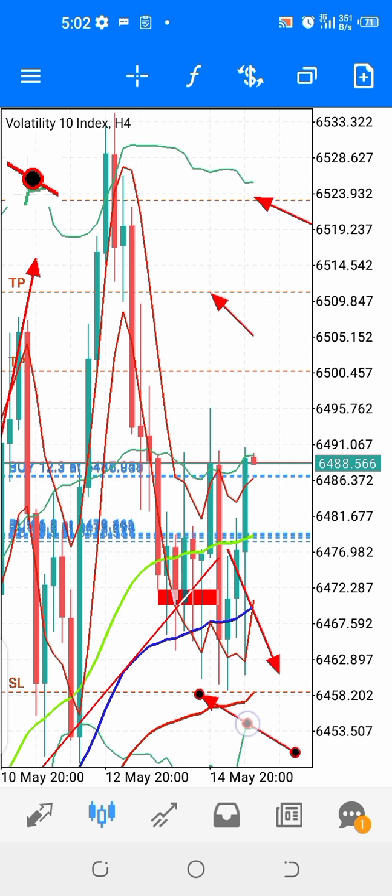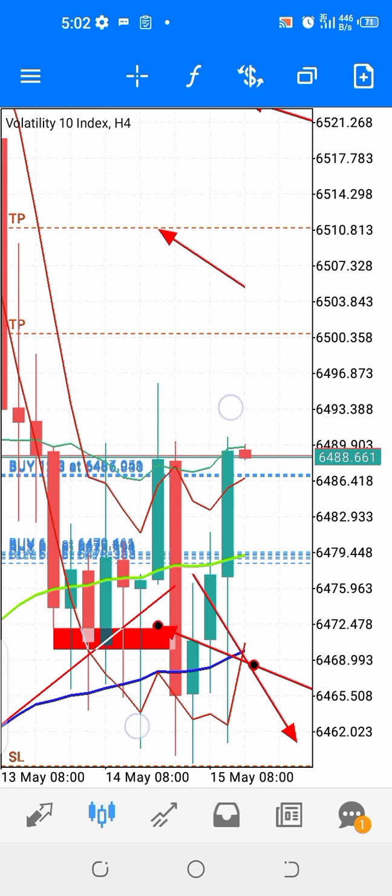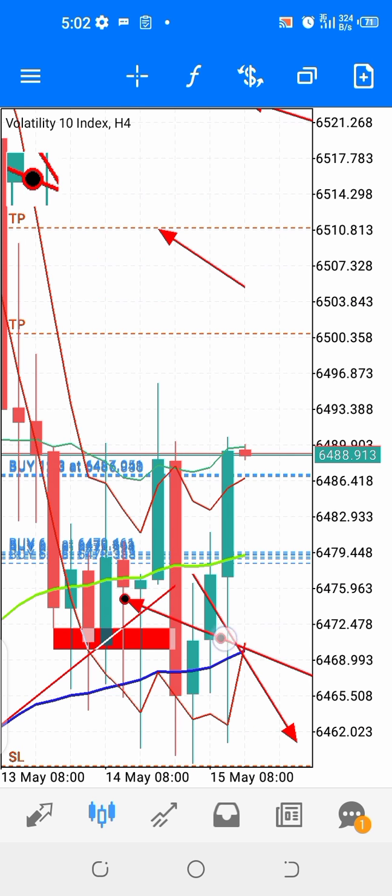But like I said about stop loss, you should place it at a price level where it will only be struck when your analysis is wrong. My analysis was that price was going to buy.